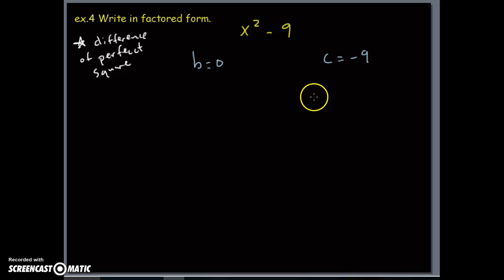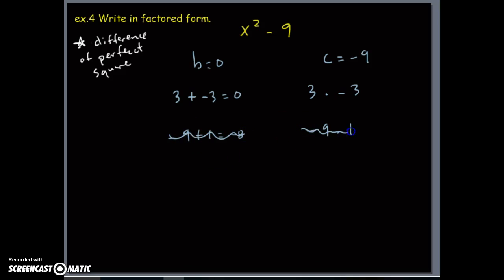Well, you should be thinking, okay, 3 and negative 3. These numbers multiply to give us a negative 9, and then when we add up 3 and a negative 3, they add up to 0, right? Very different than maybe you're thinking, okay, negative 9 and 1, yeah, they multiply to give us a negative 9, but when we add them together, they give us a negative 8, right?